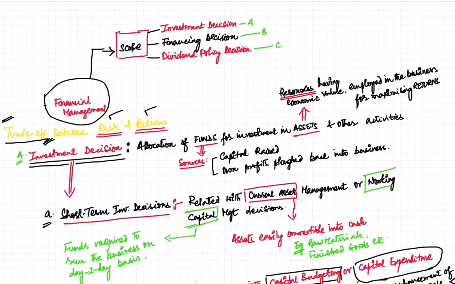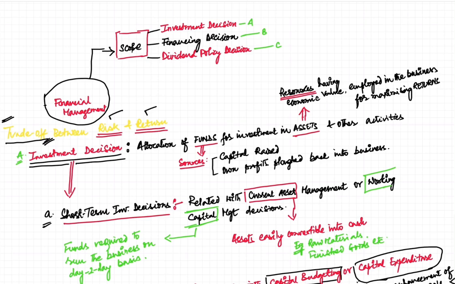Now, instead of using glasses to see better, if I'm using them for something else, for example, getting the sun rays to pass through this lens so that I can generate heat, what I'm doing is trading off the benefit.